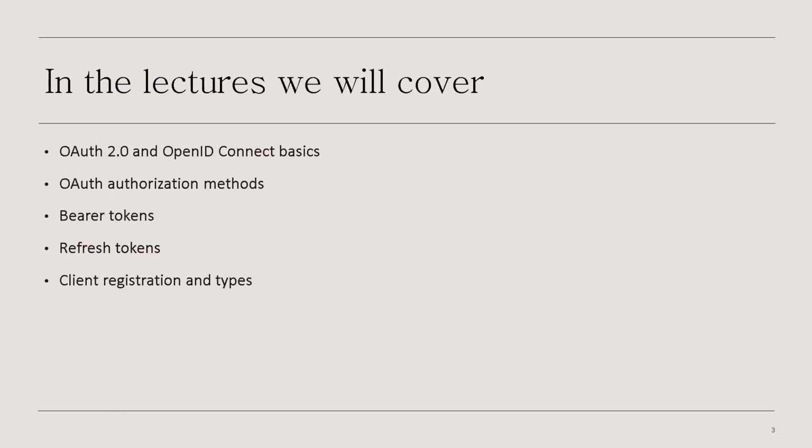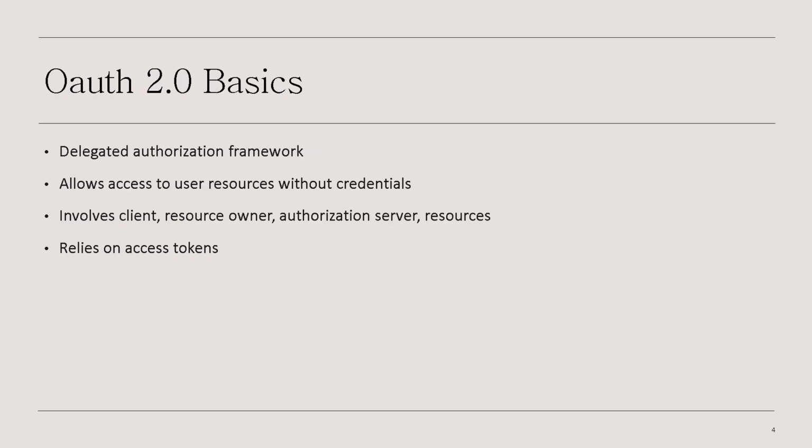In the first 5 lectures, we will cover the basics of OAuth and OpenID Connect, including authorization methods, tokens, and client registration. OAuth 2.0 is a delegation framework that allows access to user resources without exposing credentials.